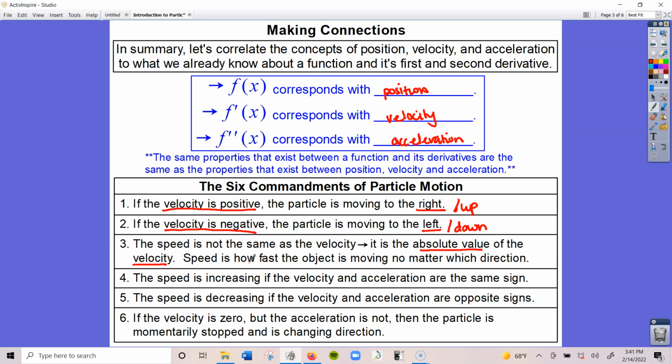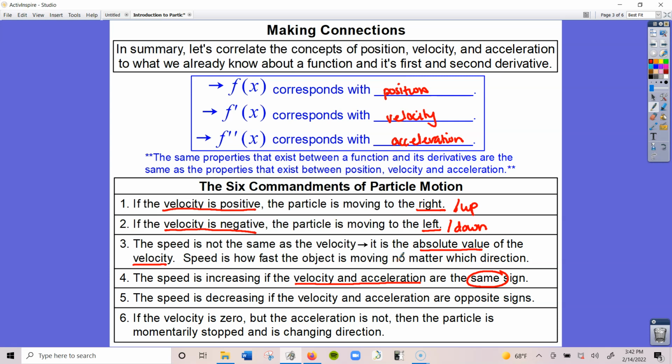Now, to figure out whether the speed is increasing or decreasing. If the speed is increasing, then that means that velocity and acceleration are the same sign. So if velocity is positive and acceleration is positive, that means that the particle is moving to the right at a faster rate. If the velocity is negative and acceleration is positive, then that means that the particle is moving to the left, but at a decreasing speed.